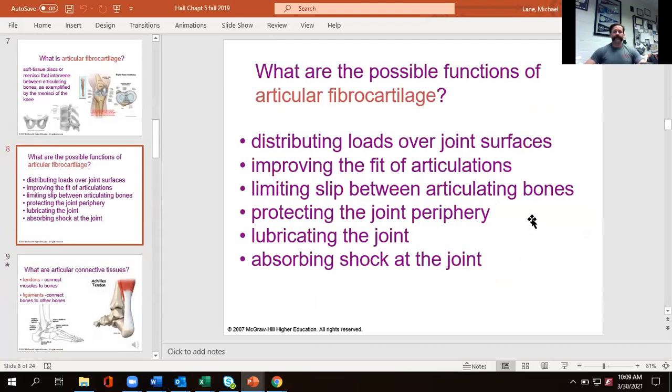So this is going to be distributing the load over the joint surfaces, making it so that we have a tighter fit between the two, not allowing a slip to occur between those articulating bones, protecting the joint periphery, and lubricating the joint, along with working to absorb more of the shock going through the joint.